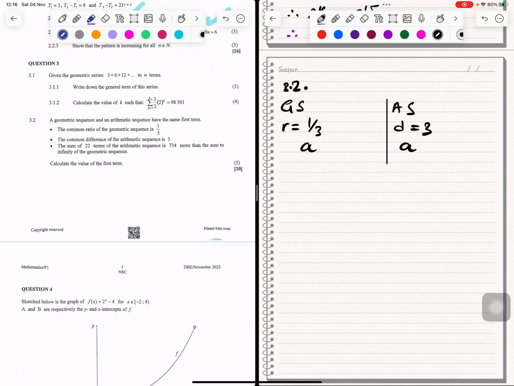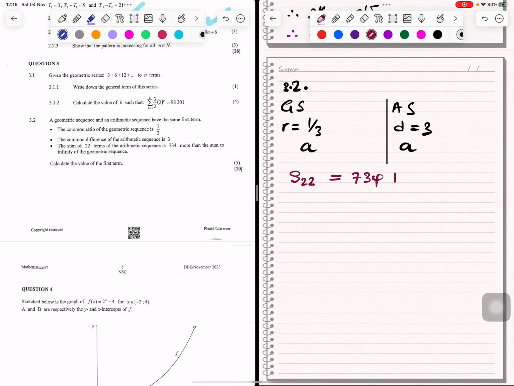Now they say the sum of 22 terms of the arithmetic sequence is 734 more than the sum to infinity of the geometric series. So now we have to picture this properly. The sum of the first 22 terms is equal to 734 more than the sum to infinity of the geometric series.